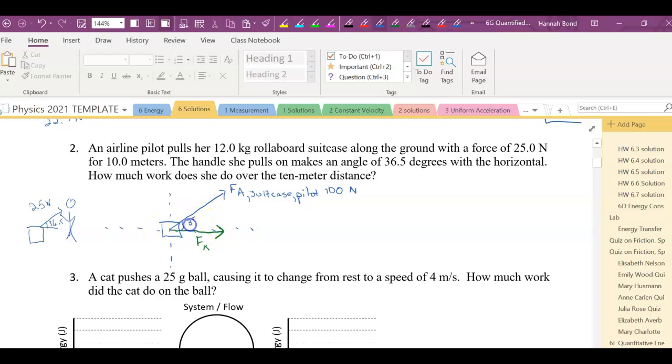This angle is 36.5, and so Fx is that 100 newtons times the cosine of 36.5.